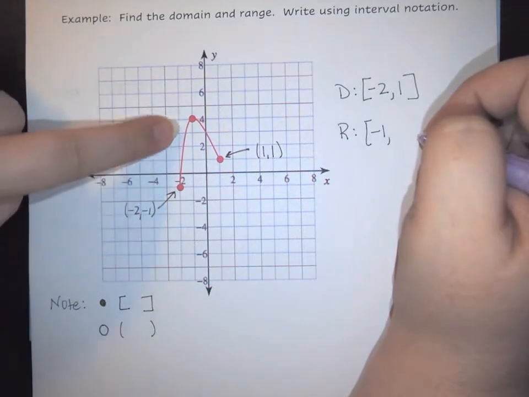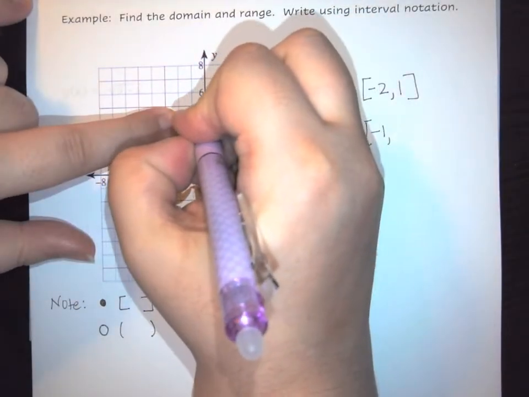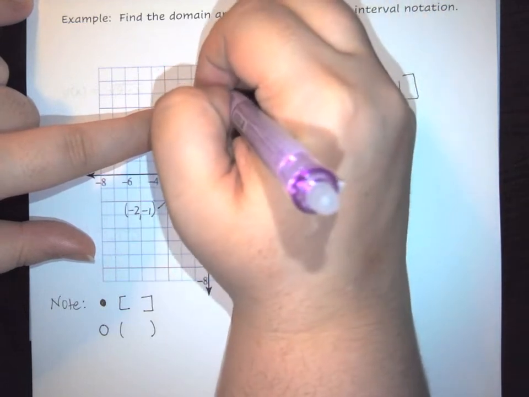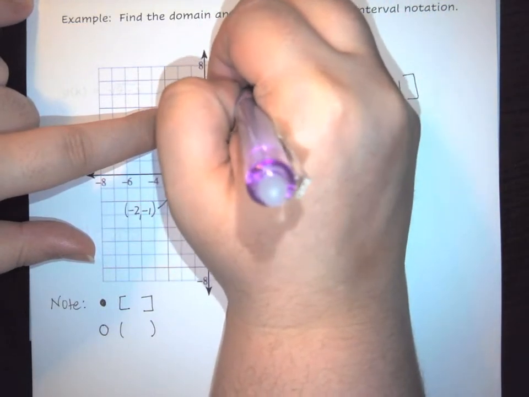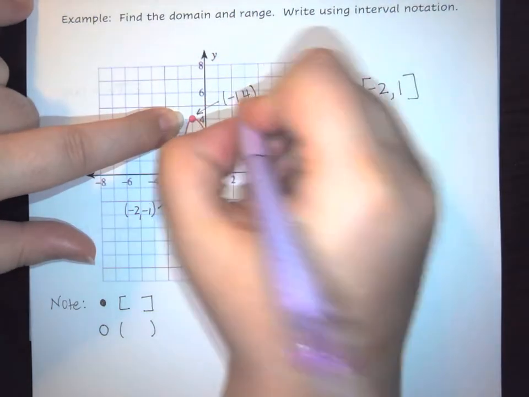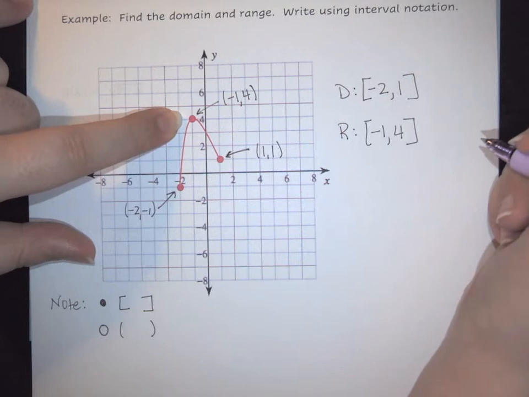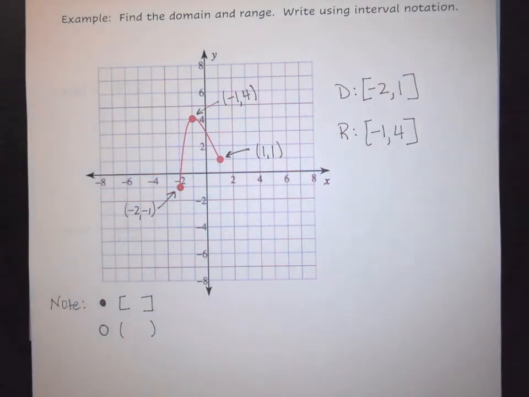We're going to travel all the way up as high as it goes. If you notice, this point right here is the point -1, 4. And so we're going to go as high as up to the 4 and close it. Again, your domain travels along your X's and your range travels along your Y's.